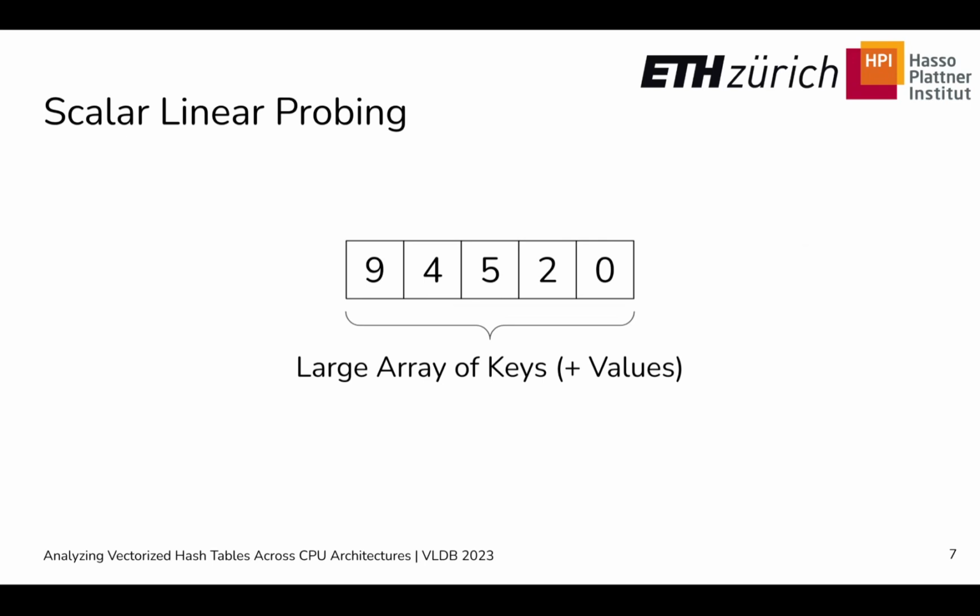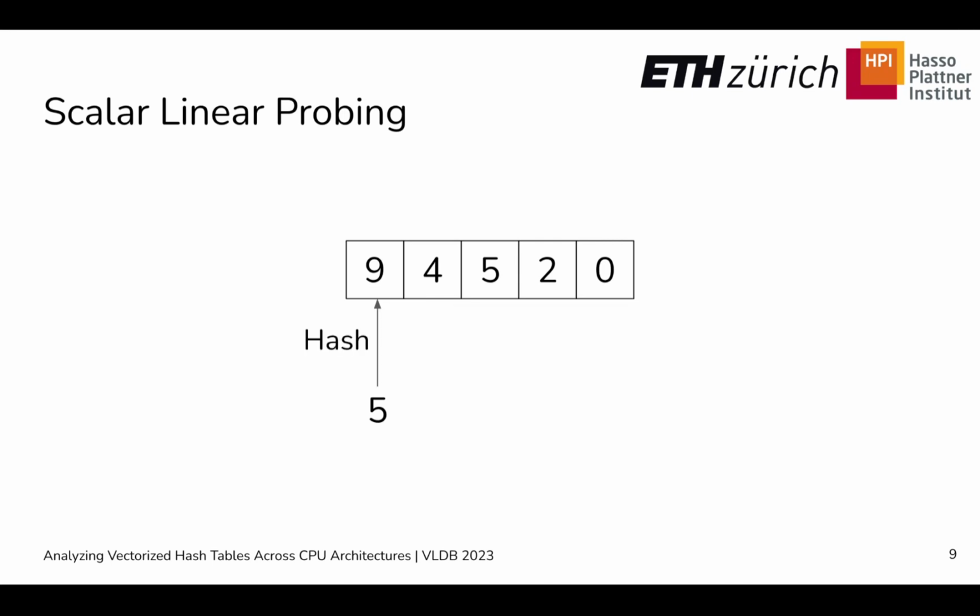To answer this question, we first want to understand how a hash table works in general. In the scalar case, where you don't use any vectorization, imagine that you have some array of keys, your data that you want to look up in memory somewhere. It's a larger chunk of memory. Now you want to search for key 5. In a classic linear probing hash table, you would query a hash function.